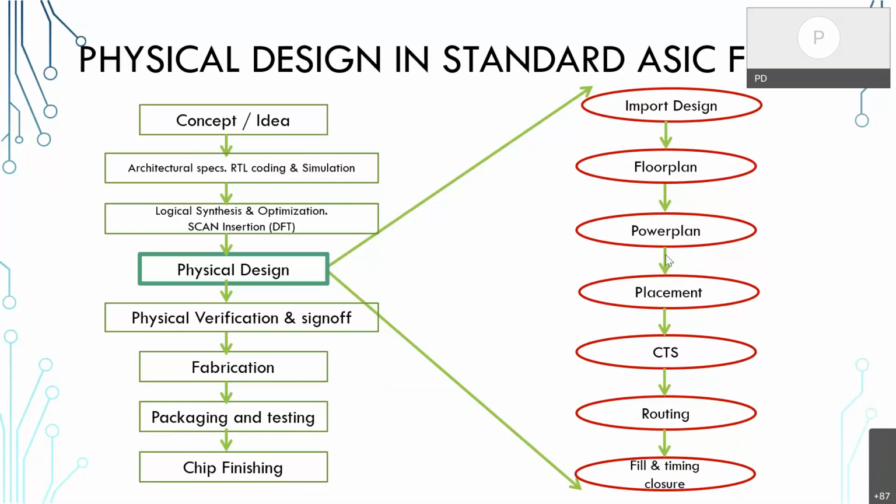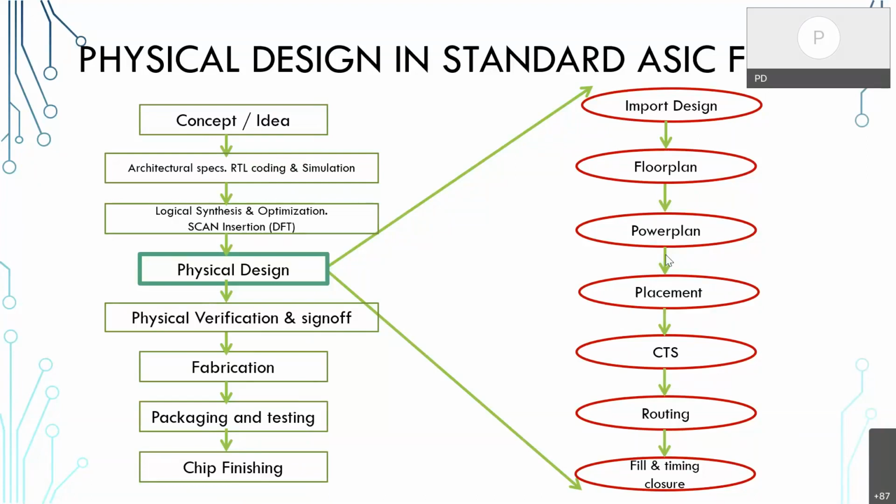The synthesis team will be working in parallel with the DFT team, the design for test team, which will be inserting scan registers into our design, useful to test the flop once it is fabricated. So the design team, the logical synthesis team, and the DFT team will be working together, and they'll be providing the gate level netlist to the physical design team.